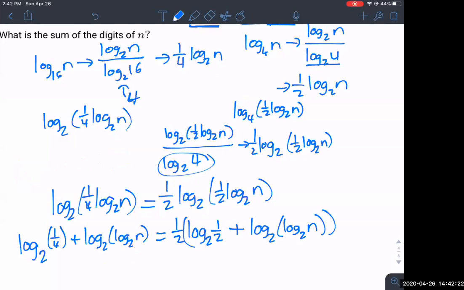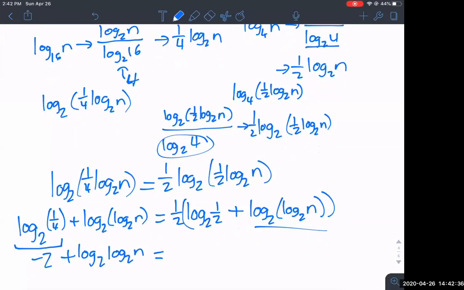So a couple of these values we actually do know. Like this one is just -2. We have this messy log 2 n. The good thing is we have this on the other side, so we can just solve for this thing, treat it kind of like a variable. We can even substitute if the logs are really annoying, but I don't think they are.